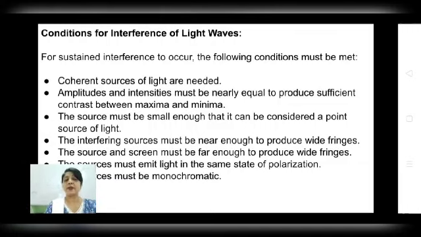In this case, if we are using polarized light, then the state of polarization of both the interfering waves should be the same. And the last requirement is the source should be monochromatic. Means a single wavelength source should be used to observe the interference phenomena.